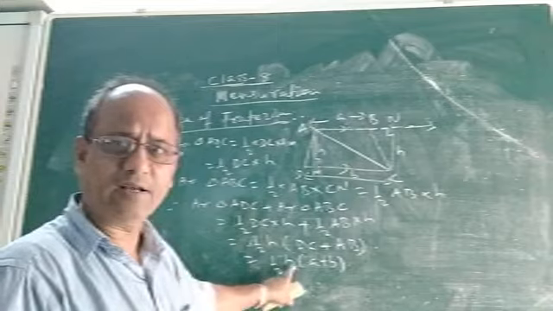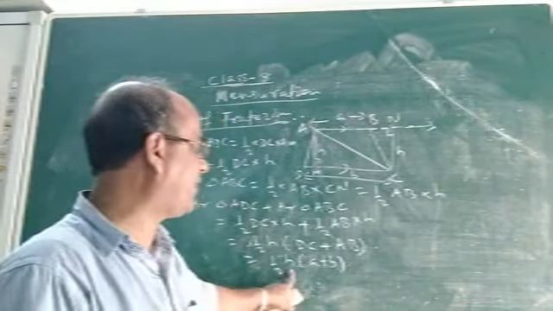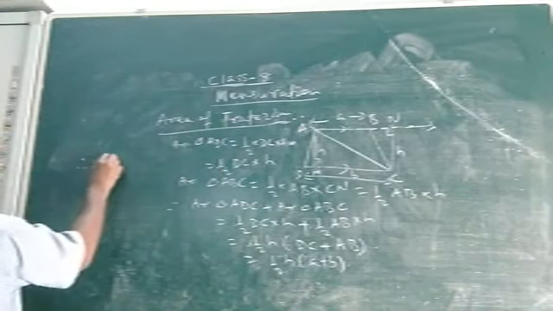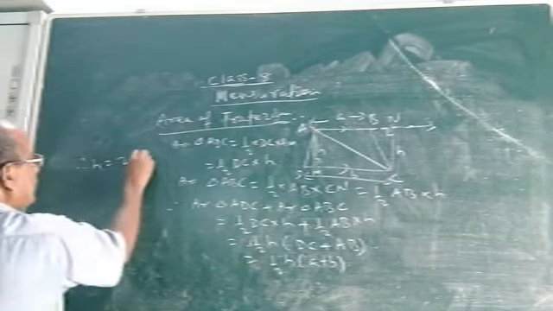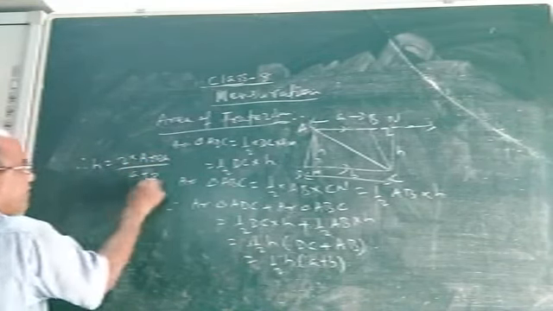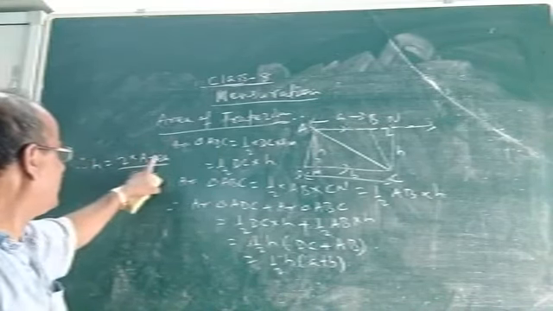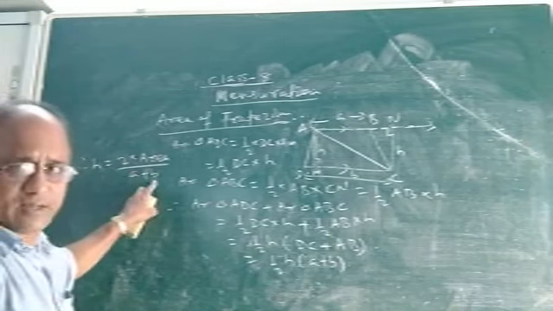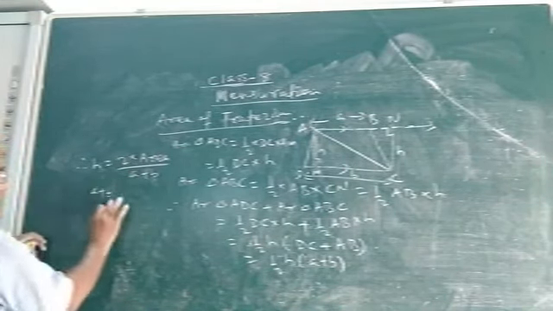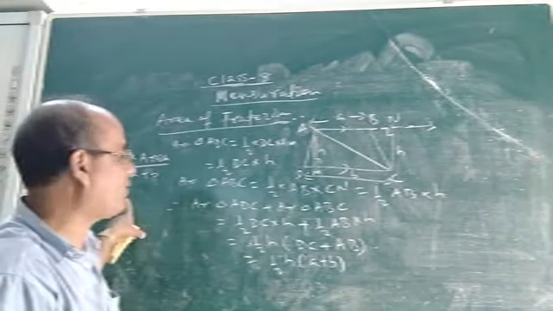Suppose you want to find the height. Suppose the area is given and the sum of the parallel sides is given. You can easily find the height. So what will be the height? Height or altitude will be 2 into area divided by (a plus b), the sum of the parallel sides. Similarly, how to get the sum of the parallel sides?